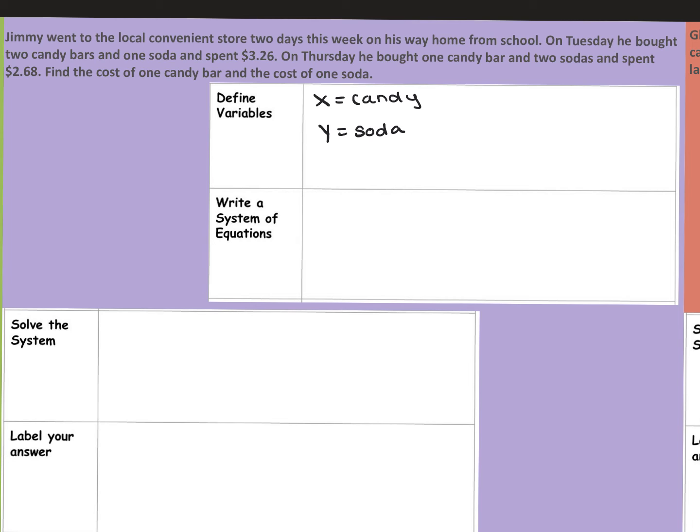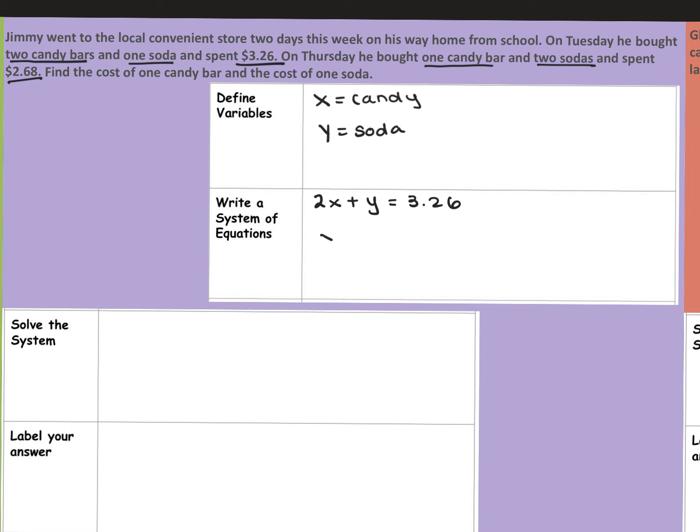Looking here, it says on Tuesday, he bought 2 candy bars and 1 soda and spent $3.26. So we have 2x plus y is equal to 326. On Thursday, he bought 1 candy bar and 2 sodas and spent $2.68.